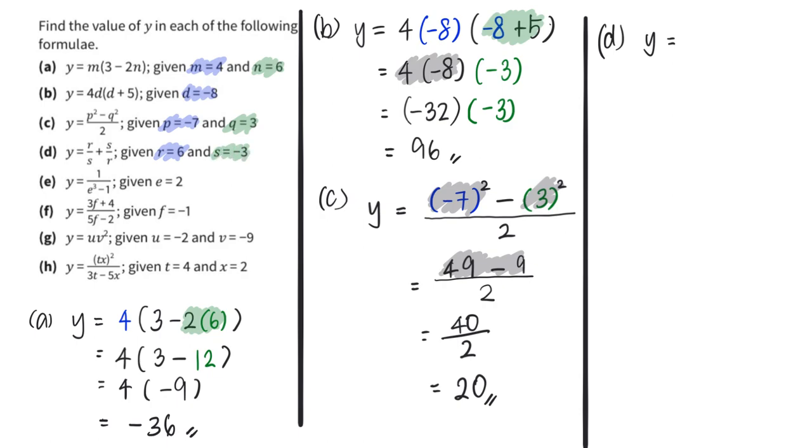So I will have 6 divided by negative 3 plus s over r, so negative 3 divided by 6. So we do the division first, okay? So 6 divided by negative 3 will give me negative 2.